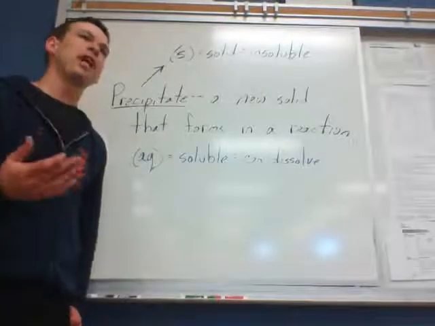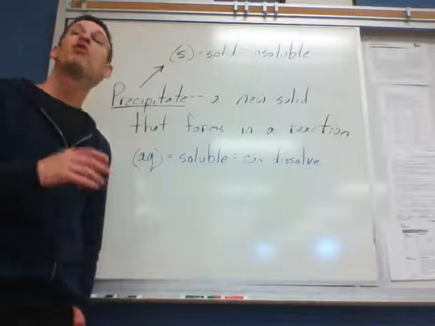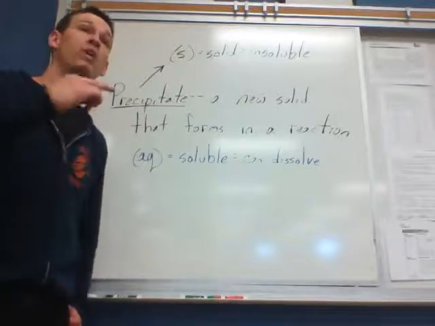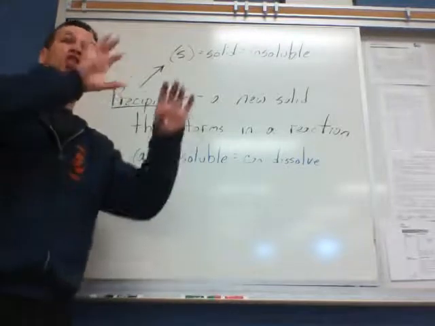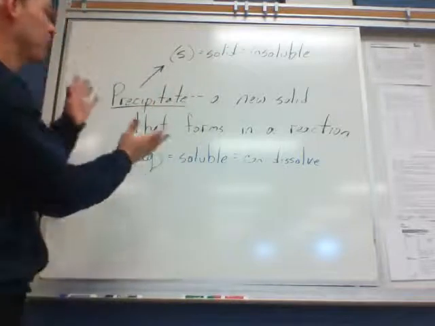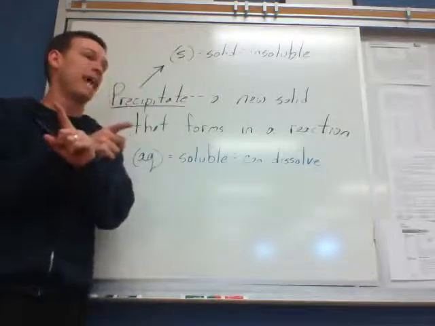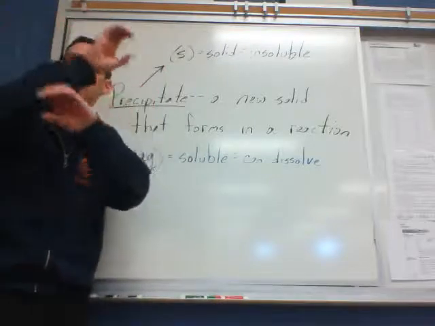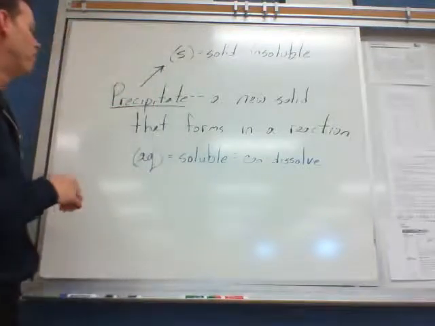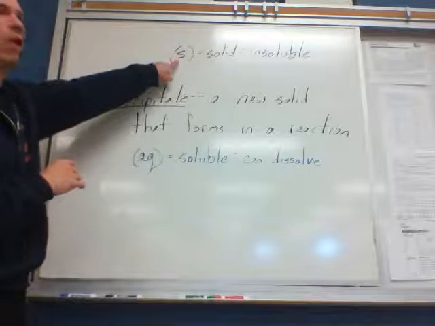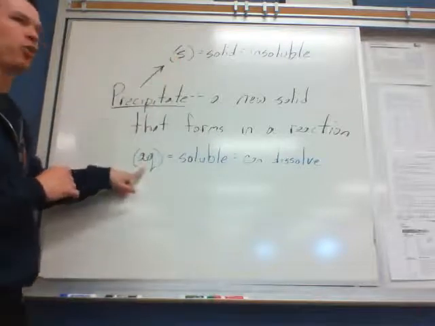I explained that each type of reaction has its own little thing. Neutralization's little thing was an ion swap followed by salt and water. A precipitation's thing is still going to be an ion swap. We're still going to do that exact thing where we switch the first part of each compound. But we also have to label one of them with an S and one of them with an AQ.